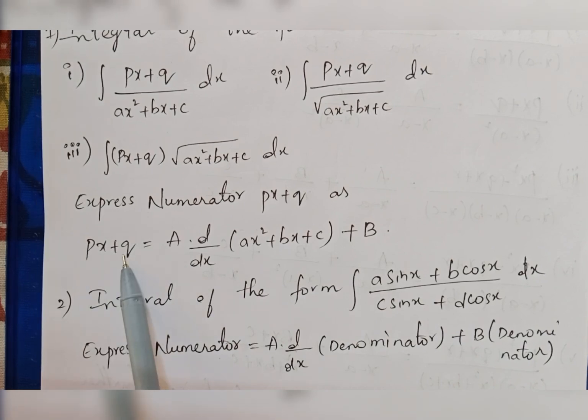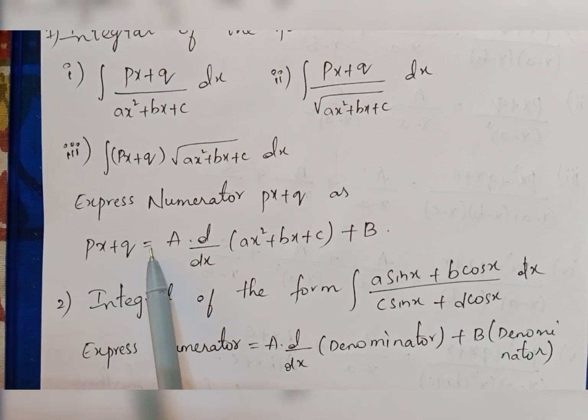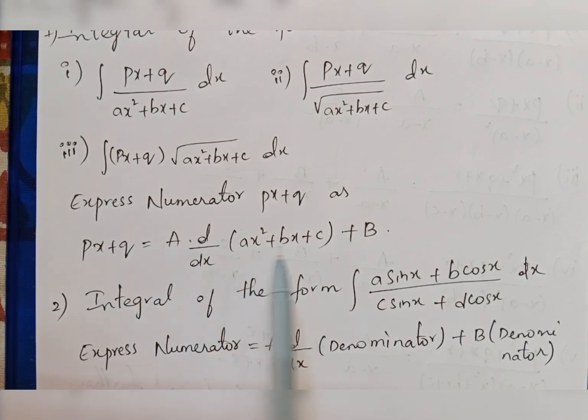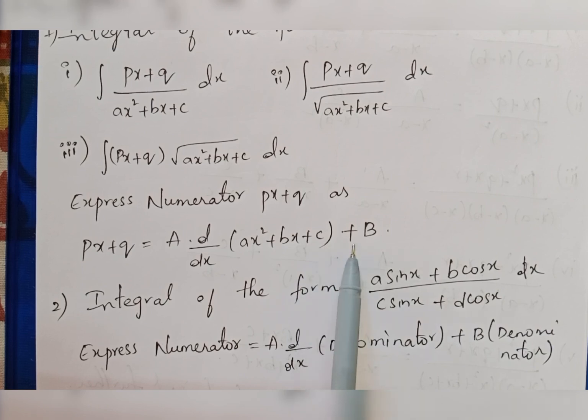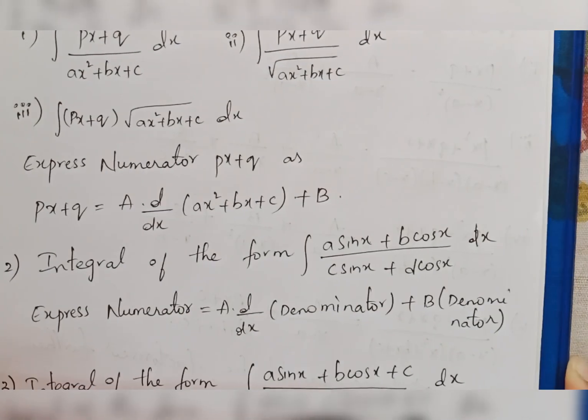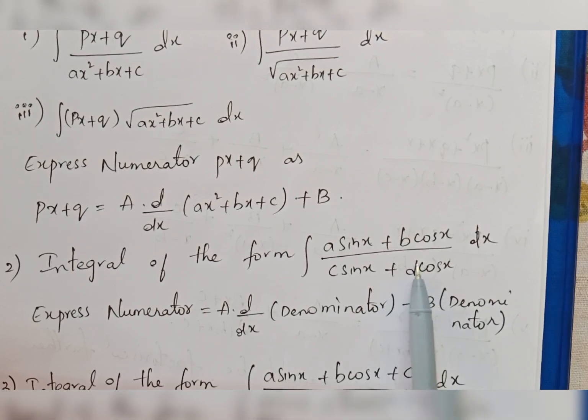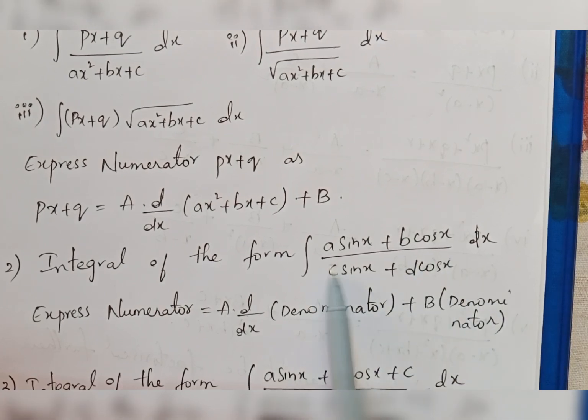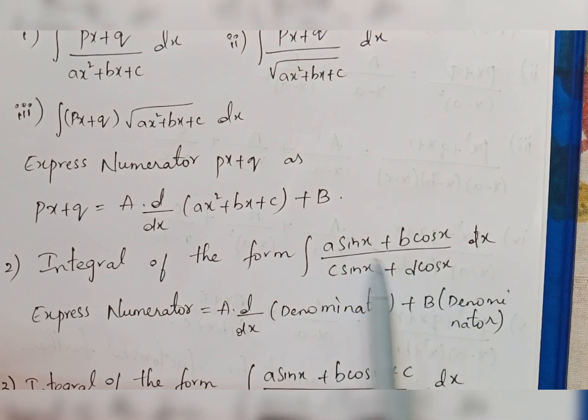For the numerator, px plus q is equal to a into d by dx of the denominator quadratic equation plus b. And if the integral is in the form of (a sin x plus b cos x) by (c sin x plus d cos x) dx, here there is a sine and a cos, and there is a constant term before the sine and cos.